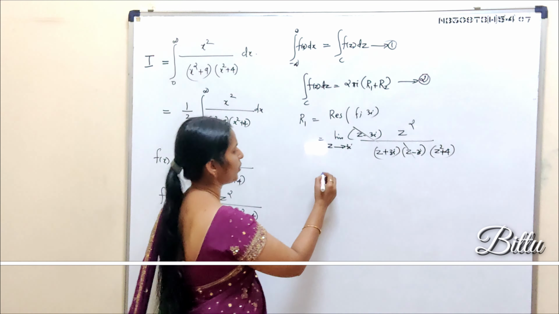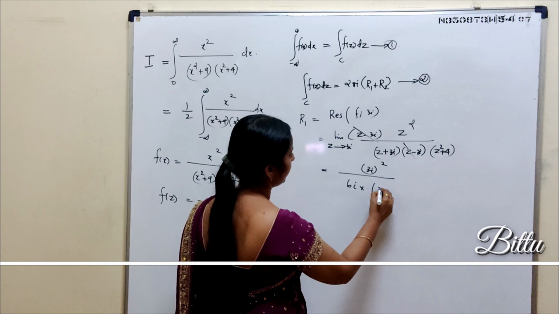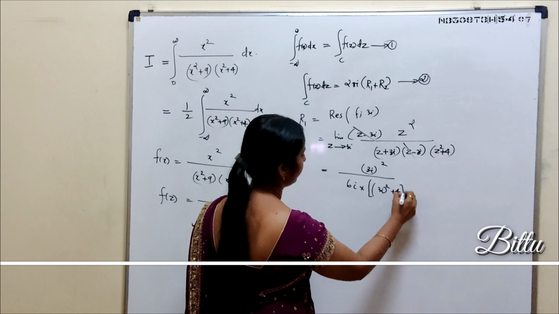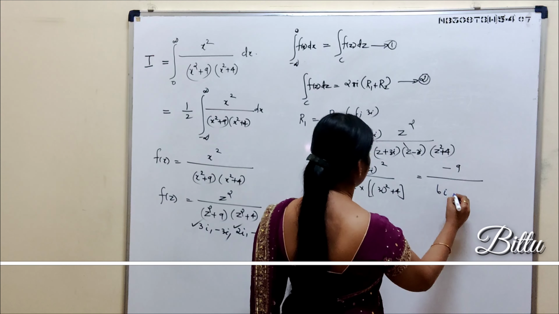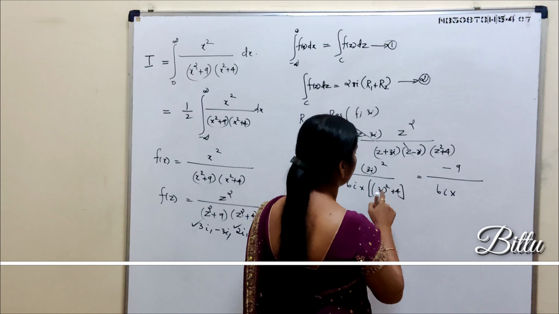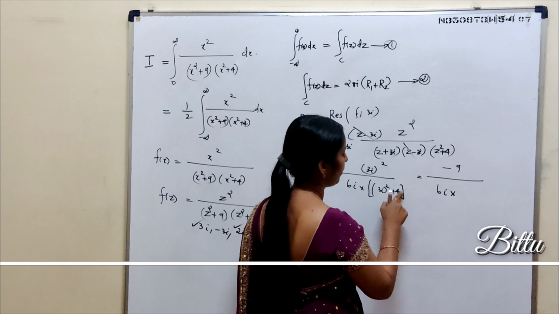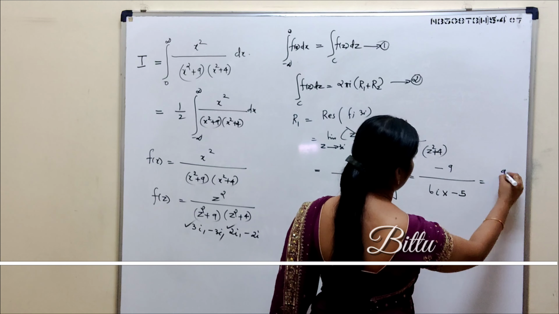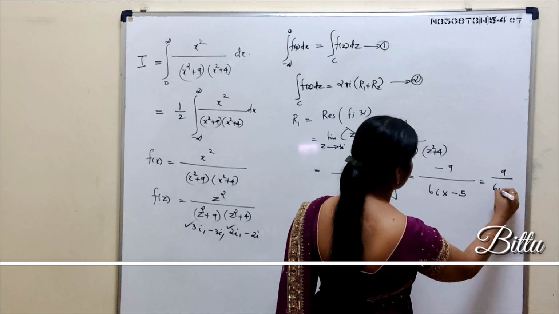That is (3i) the whole square by 6i into ((3i) square plus 4). I square is minus 1, so minus 9 by 6i into ((3i) square is minus 9) minus 9 plus 4, it is minus 5. So it is 9 by 6i into 5.